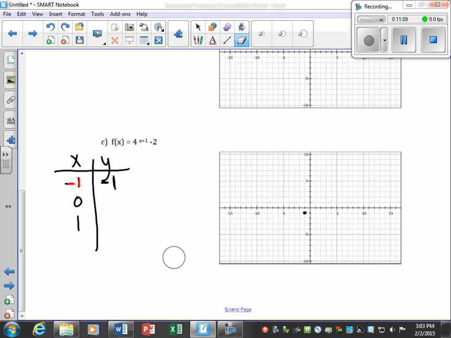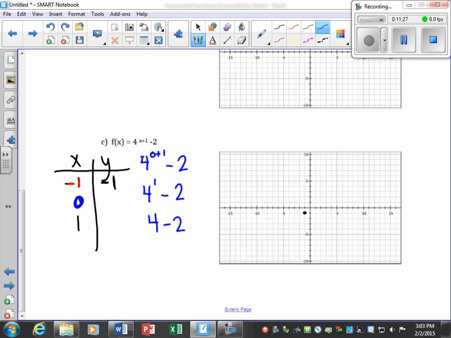Okay, this time I'm going to let x be 0. So I would have 4 to the 0 plus 1, minus 2. Make sure you distinguish the exponents from the numbers that are whole numbers. So 4 to the first power, which is just 4, and then 4 minus 2 is 2. So I'm going to plot the ordered pair 0, 2.